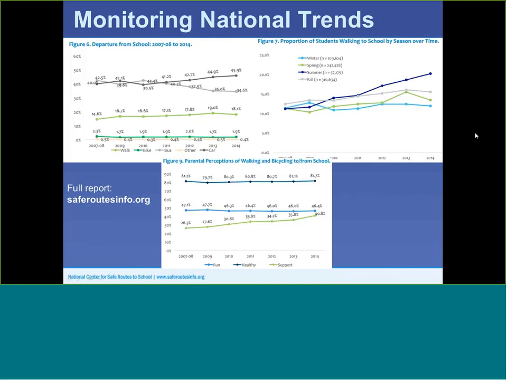You see that spike in the summer months, and then winter it seemed like it depressed a bit. And then this parent perceived school support or encouragement of walking and cycling, we saw a spike in that more recently as well. So we're able to monitor and look at these trends on a more national level as well. Next slide, please.